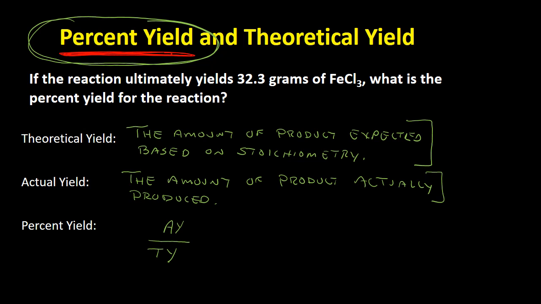So it's just the actual yield divided by the theoretical yield. And then in order to make that a percent, that should give you a decimal number. And then to convert that to a percent, we'll just multiply by 100%. Okay. All right. So let's try that with this problem here. Okay.